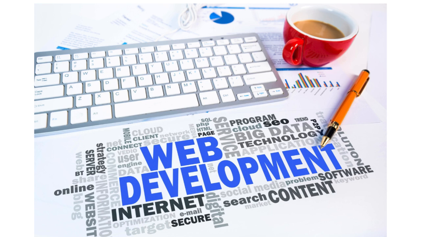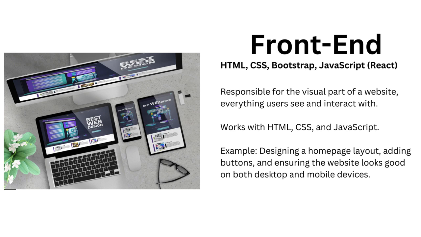So next, we are going to look at different types of web developers, and we have three major types of web developers. Number one is the front-end developer. A front-end developer is one that is responsible for the visual part of a website. That is what the user sees, and how the user interacts with this website. The look and the feel of the website, the design, right?